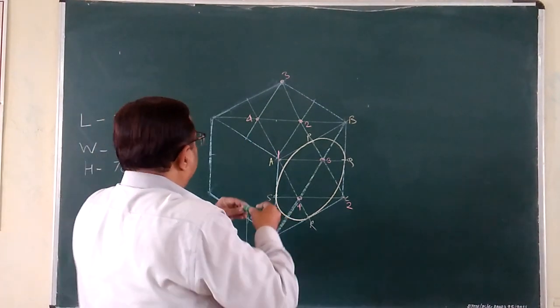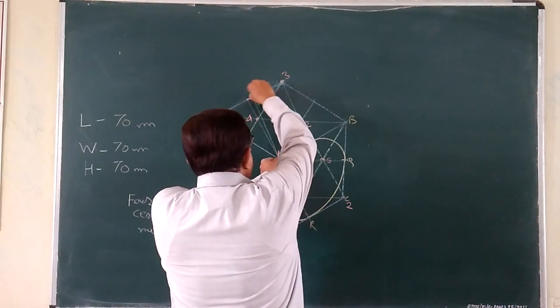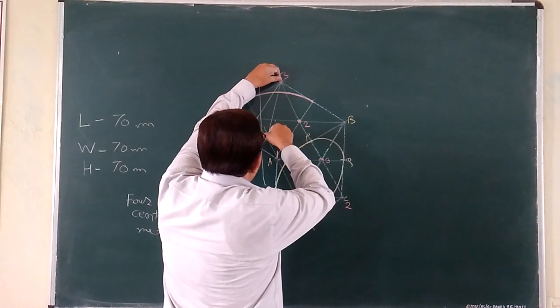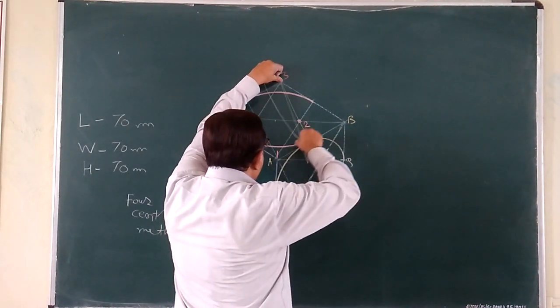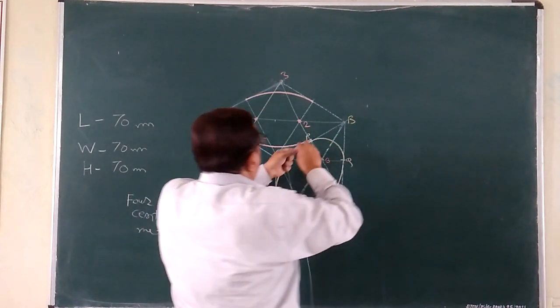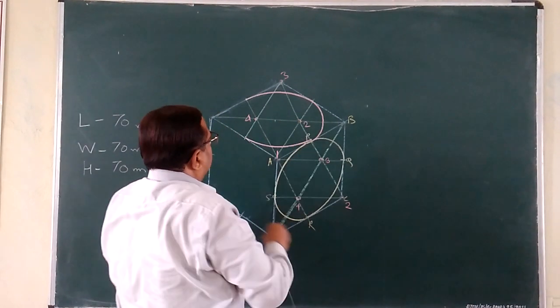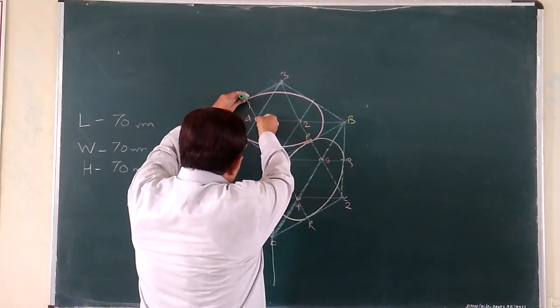See here. 1 as a center and this much as a radius, I will get the first arc. And reversing the position of the center, 3 as a center and this much as a radius. 2 as a center, this much as a radius, and ultimately 4 as a center, this much as a radius.